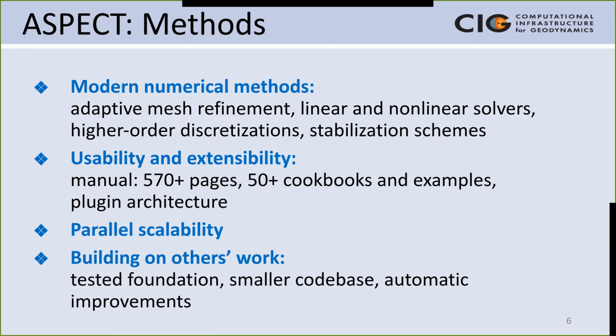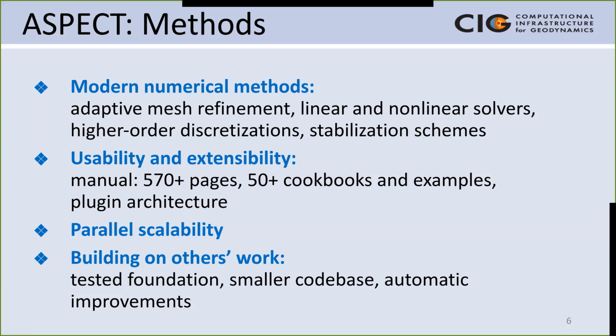It's a code that's intended to be usable and extendable by not just the original authors, but we wanted to make it available for a whole community. So it comes, for example, with a very large manual. And it comes with a lot of cookbooks and examples. If you look at the manual, there are maybe 100 or 200 pages where we explain how to set up certain situations.